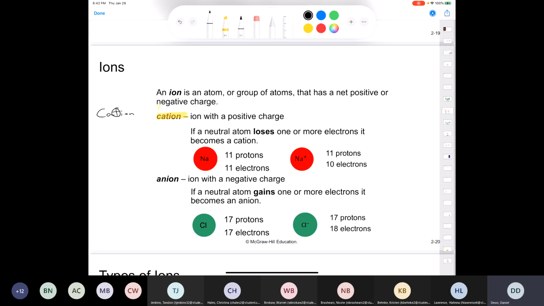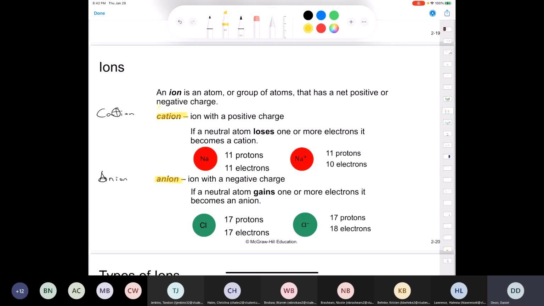The T kind of looks like a plus sign, so a cation. Whereas an anion has a negative charge, and the way I remember that is anion, right? If you circle the A, it has a cross piece in it that kind of looks like a minus, so anion and cation.